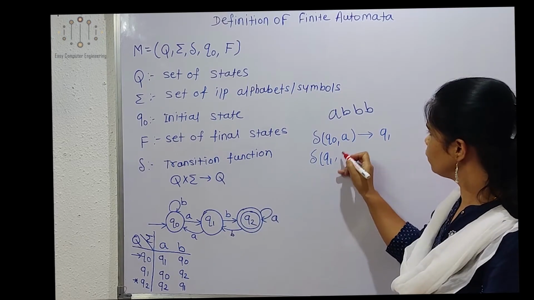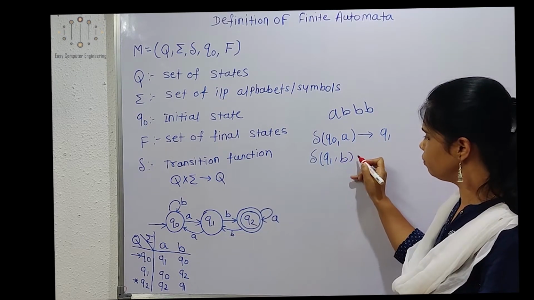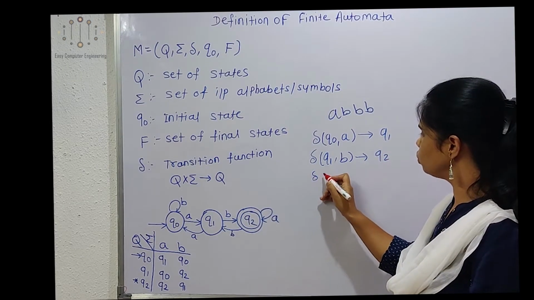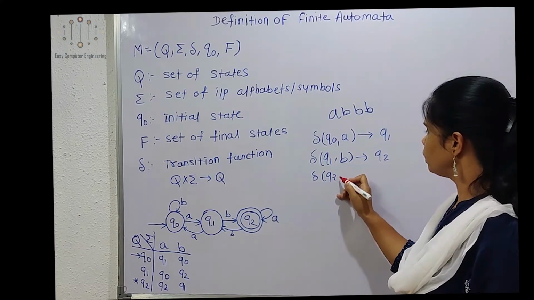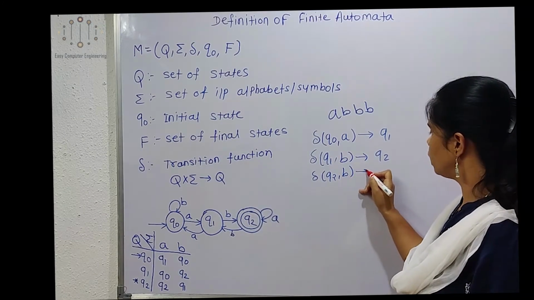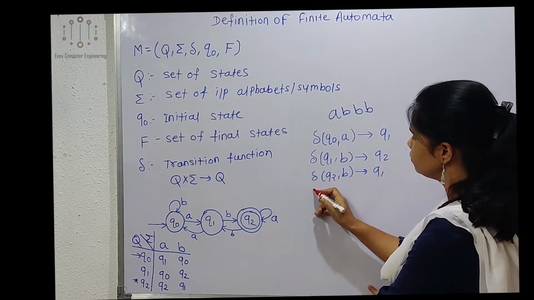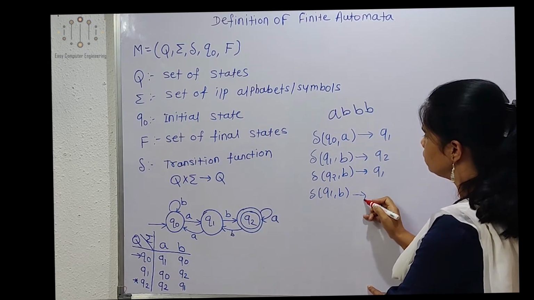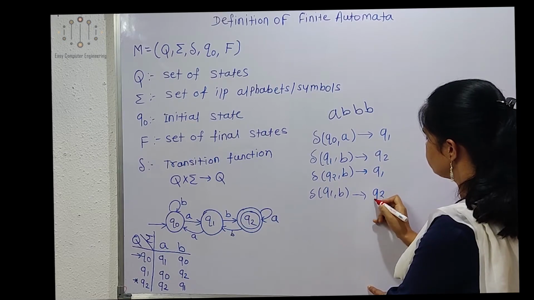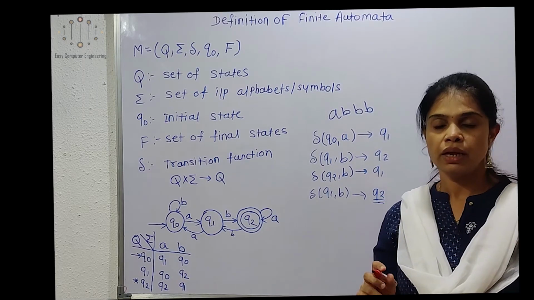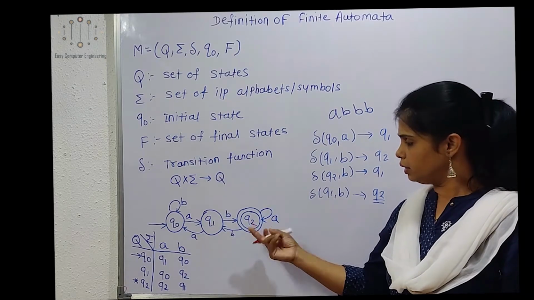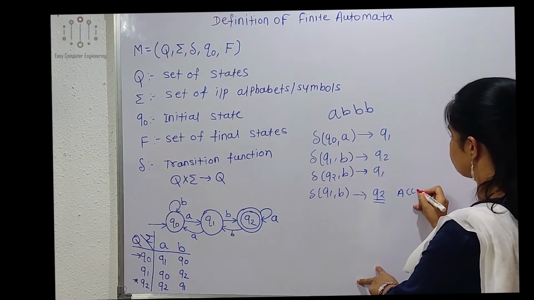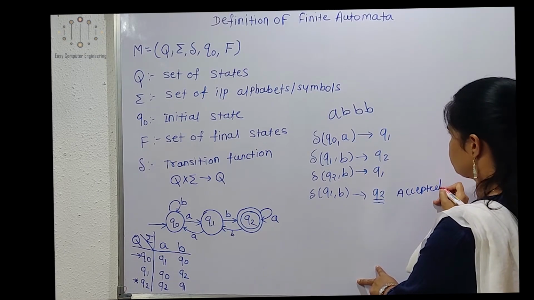From Q1, on the next input B, we move to Q2. From Q2 on input B, we move again to Q1, and from Q1 on input B, we move to Q2. Q2 is the final state. If any string reaches the final state, that string is accepted. So this string is accepted by this finite automata.